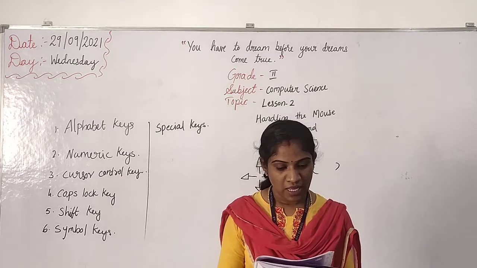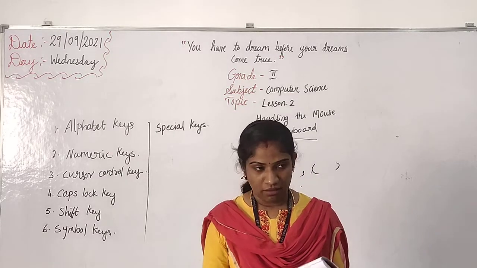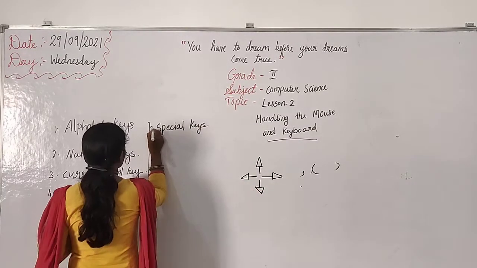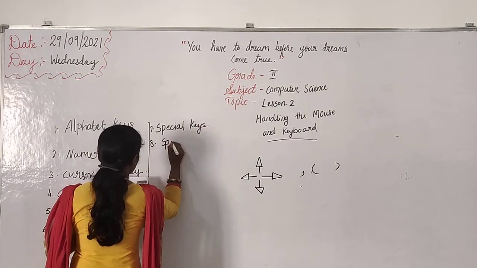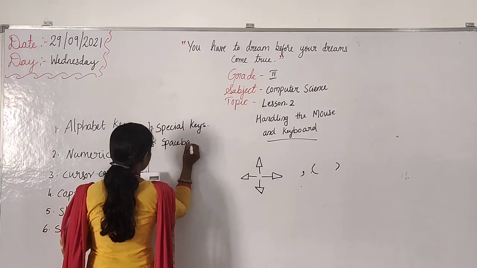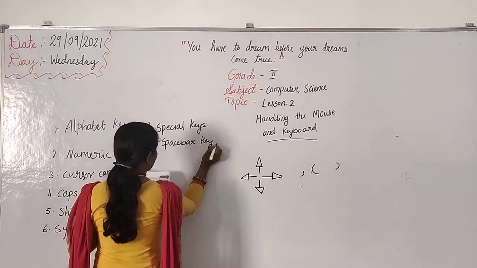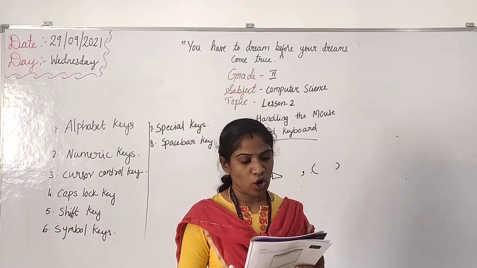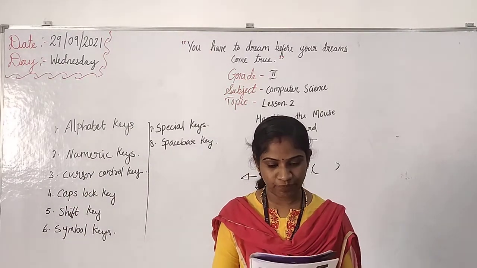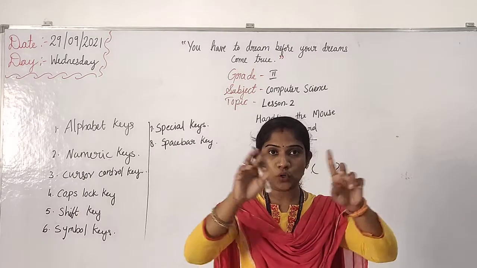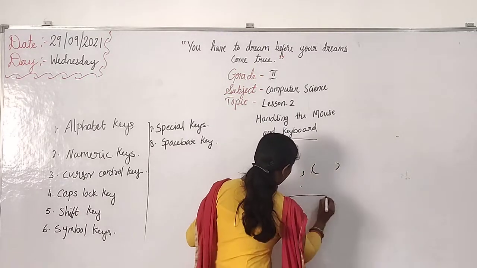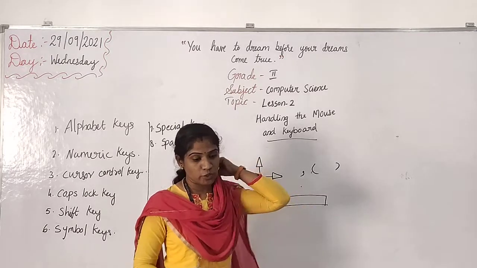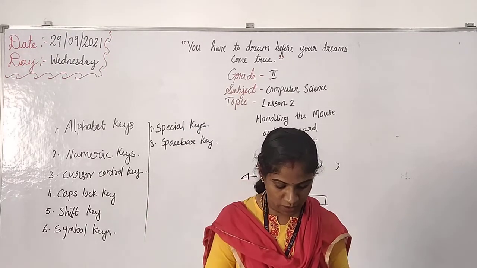Then next we have the space bar key. What is the space bar key? It is the long horizontal key on the keyboard. Why do we use the space bar key?